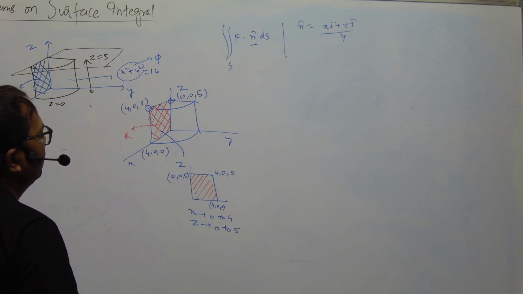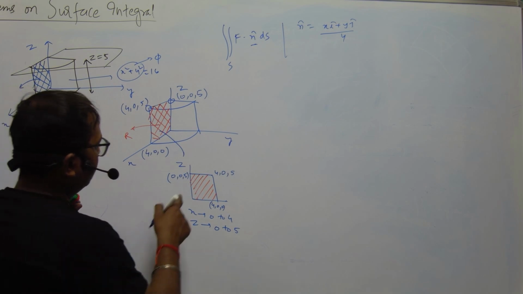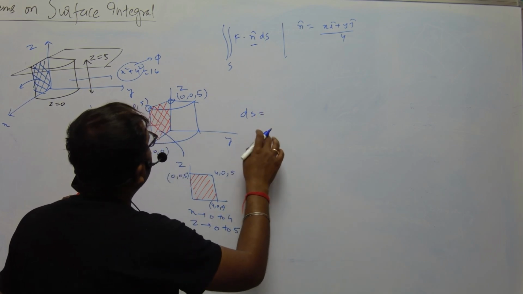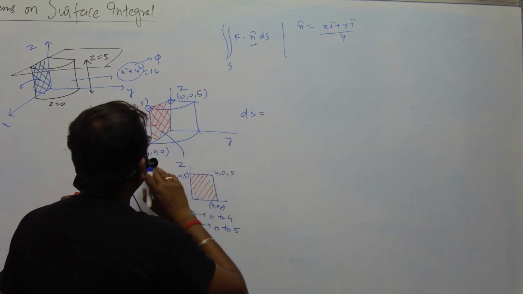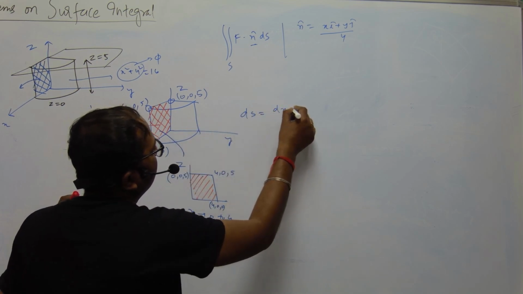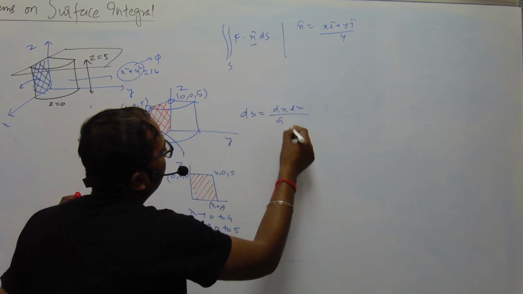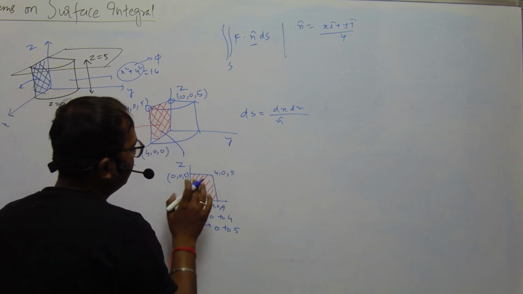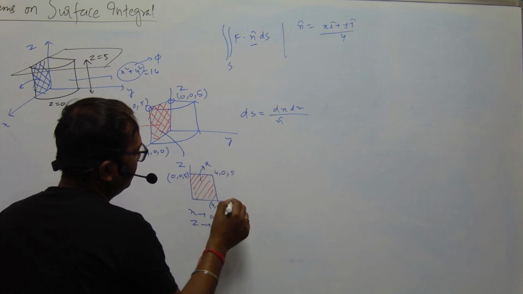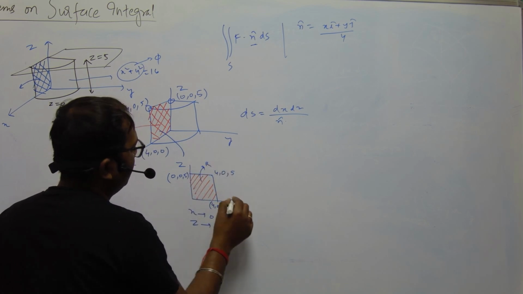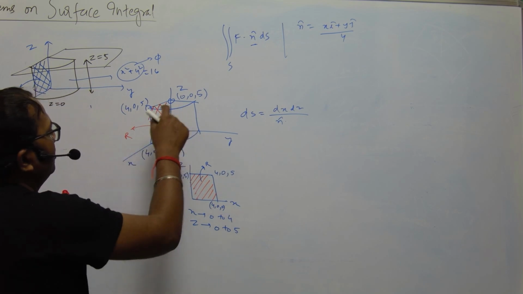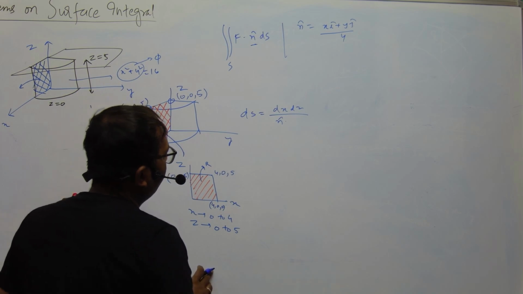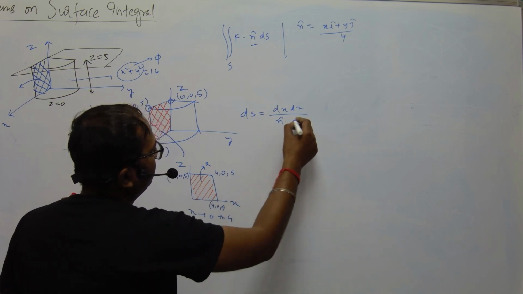Let us find the value of the integral. So we have the value of dS. Since we are taking the projection on the xz plane, dS is equal to dx dz upon n cap dot the unit vector perpendicular to this region R. Since this is the xz plane, the unit vector perpendicular to it is along y, that is j cap.